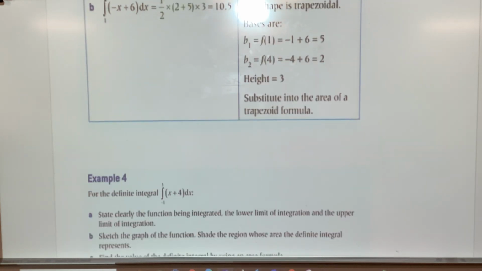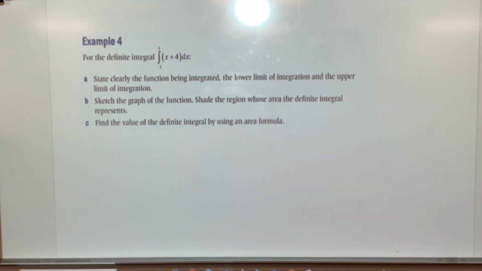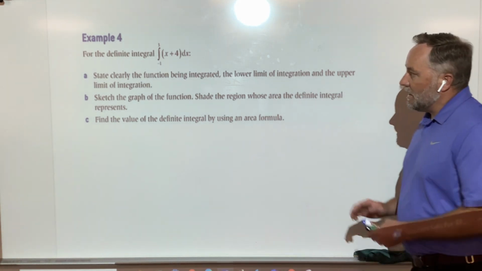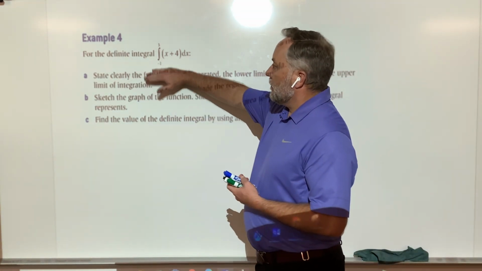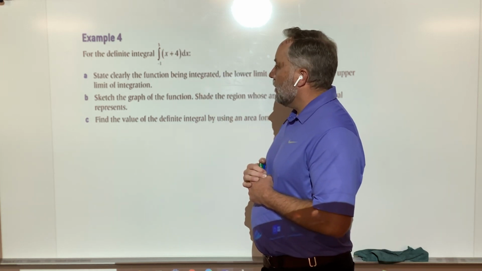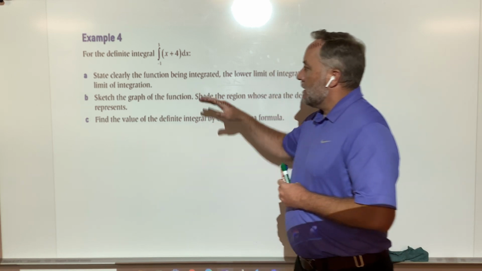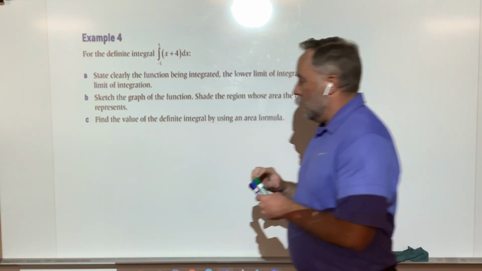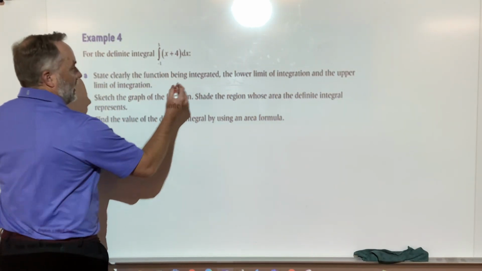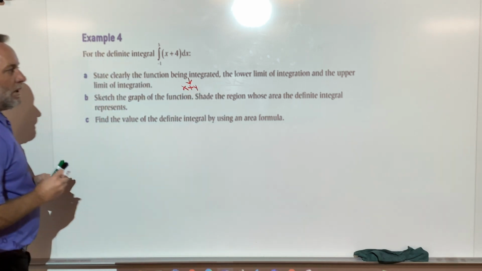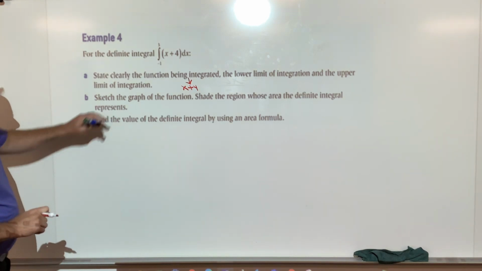Okay, let's do a similar one to that, but this time we don't get the picture given to us. So now it just says, for the definite integral, so now they've given us an integral of the function x plus 4, state clearly the function being integrated. Well, the function being integrated is that x plus 4. The lower limit of integration and the upper limit of integration.